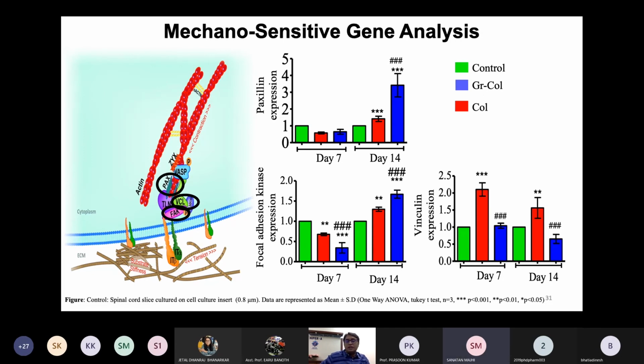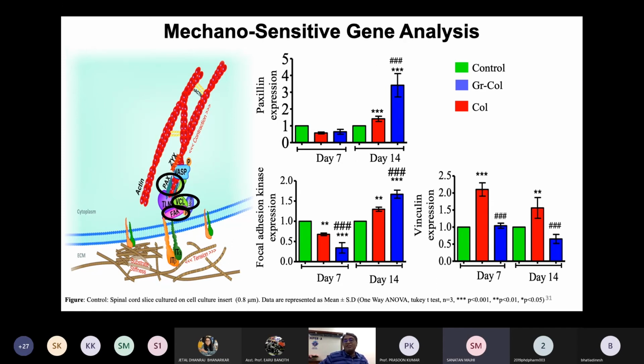Particularly GR call is showing a significant increase of paxillin and focal adhesion kinase. Even collagen is not so far behind, and is also showing better focal adhesion kinase expression as well.